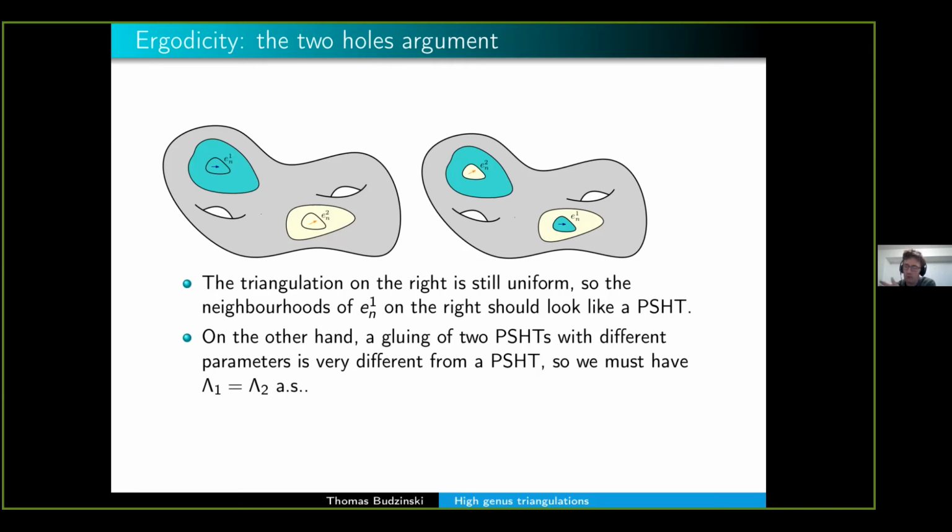You cannot really hope for something better than that because it's still a random object, so everything that can happen somewhere will happen somewhere. So you cannot hope for a positive Cheeger constant or something.